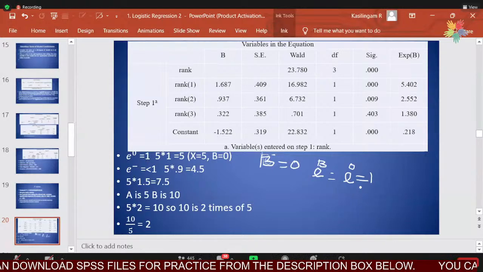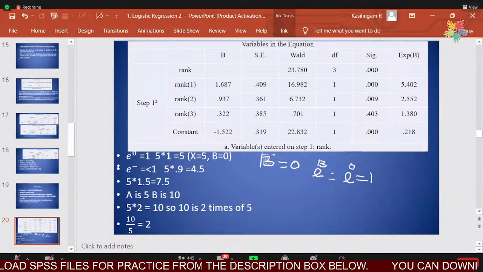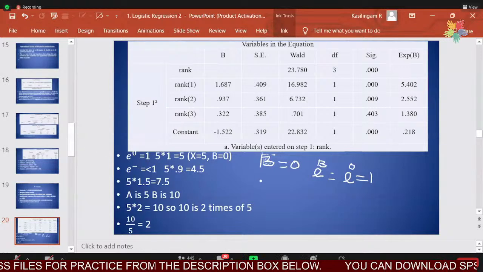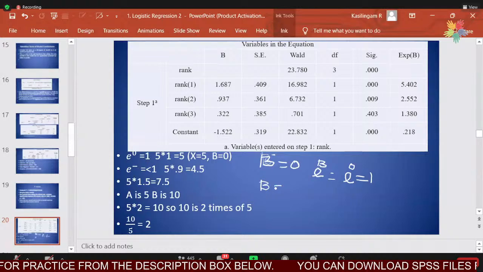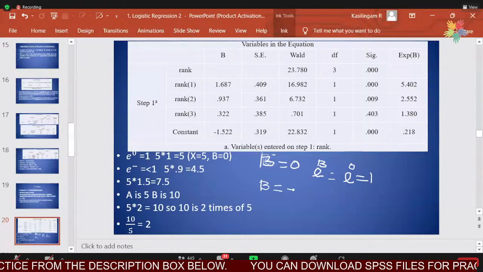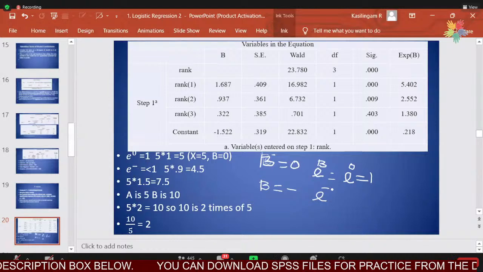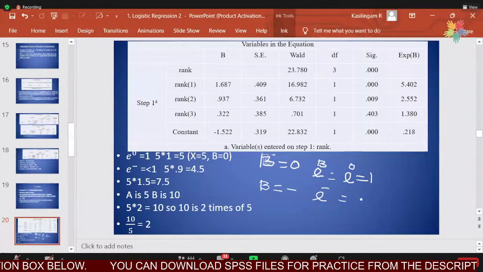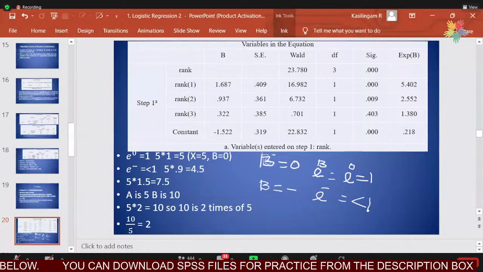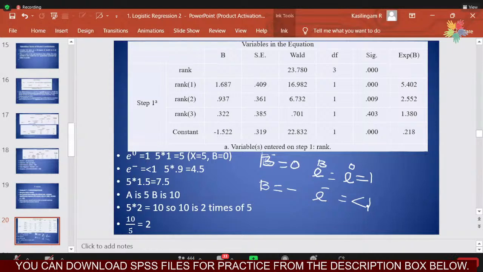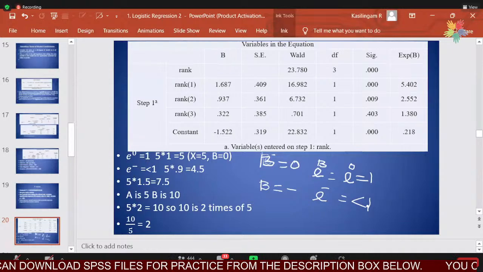That is a negative beta. But here, when my beta is negative, the exponential of a negative is less than 1, it will be a point something.